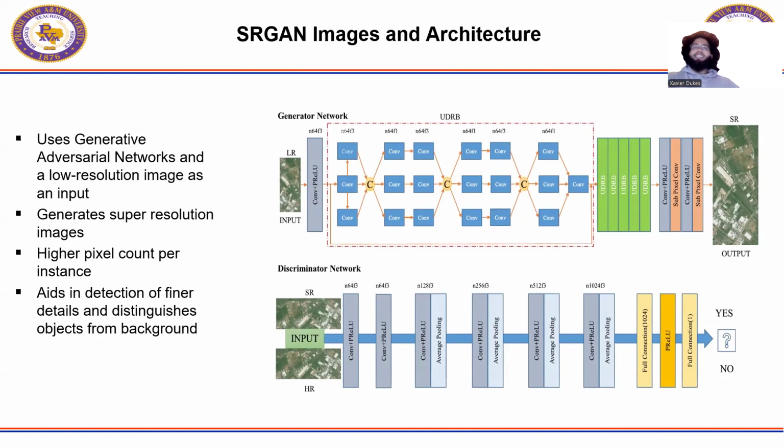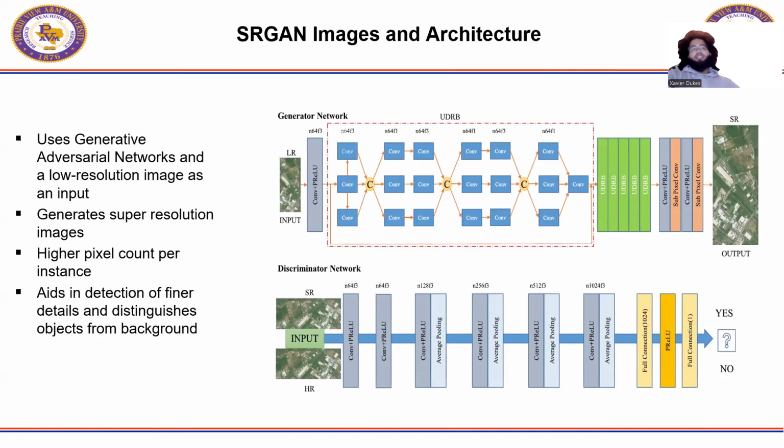So instead of a car being 16 pixels, it now has, I don't know, 64 pixels, which gives the YOLO model more features to learn about that instance type, that car, allowing for better generalization and better recognition.